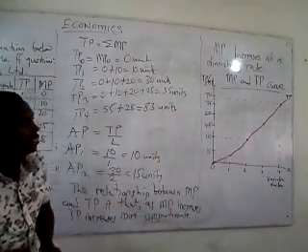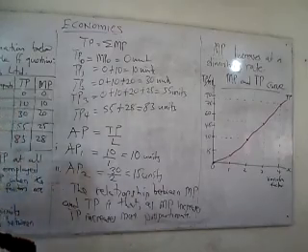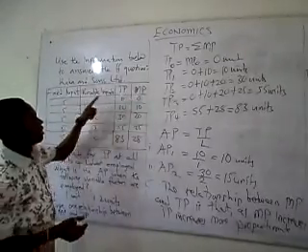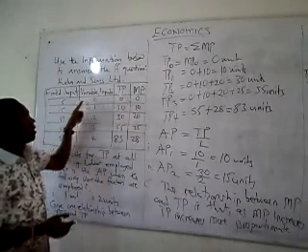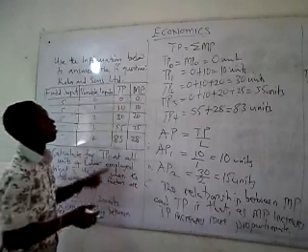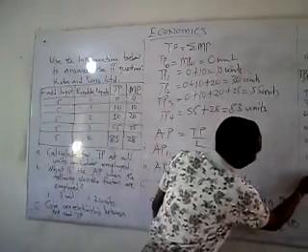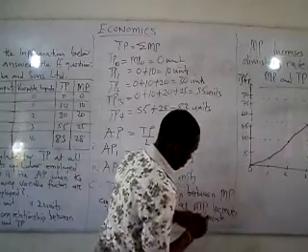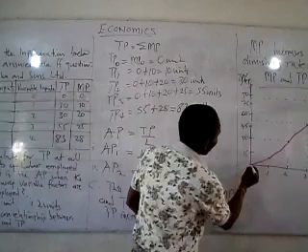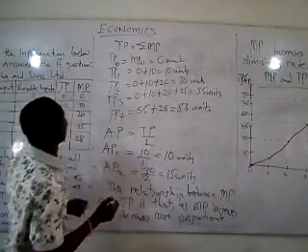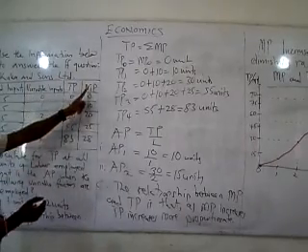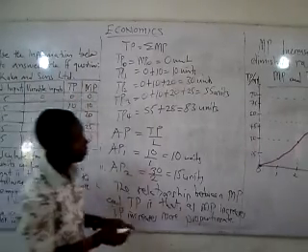Now let's look at the marginal product curve. Marginal product initially was 0 units when 0 quantities of the variable factor was employed, so it will also start from the origin. Now, when 1 unit of the variable input was employed, marginal product was 10 units.